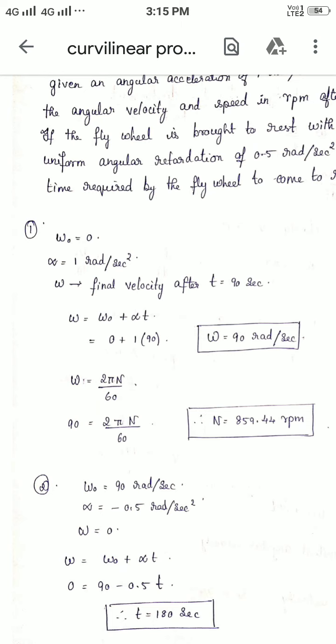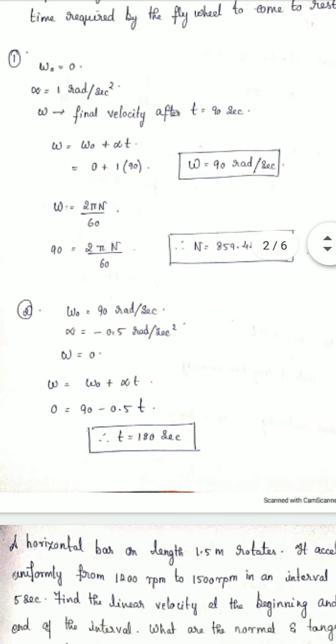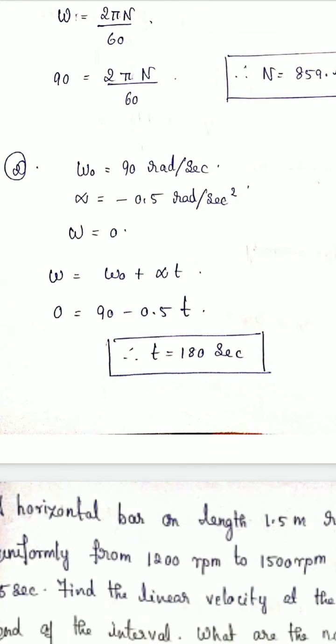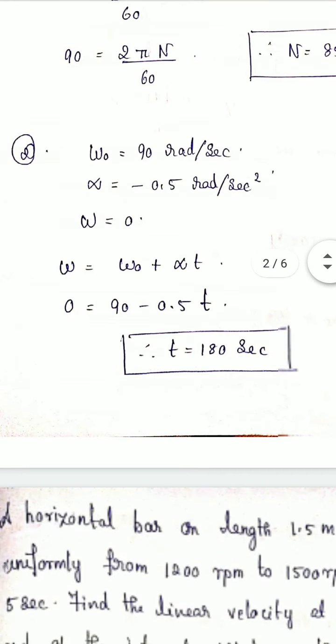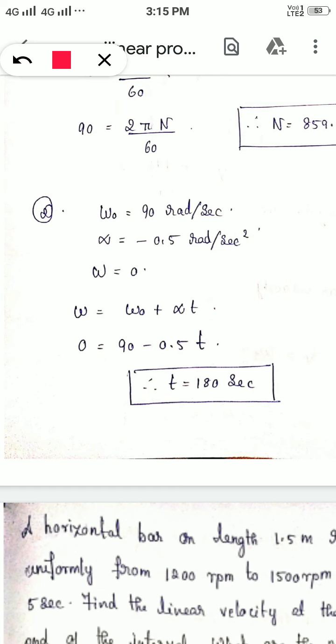Now the final velocity we got is 90 radians per second, and we have to stop from that to 0. So now my final velocity becomes my initial velocity. That is why I take w naught is equal to 90 radian per second. That means I am going to stop it from the maximum.